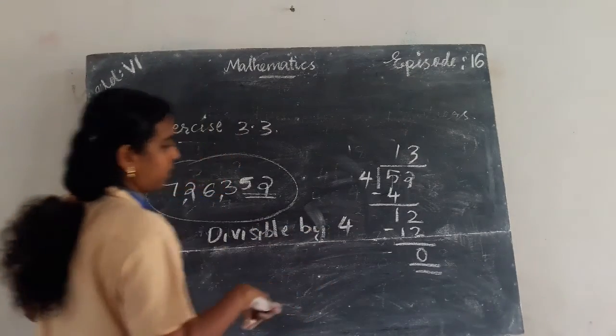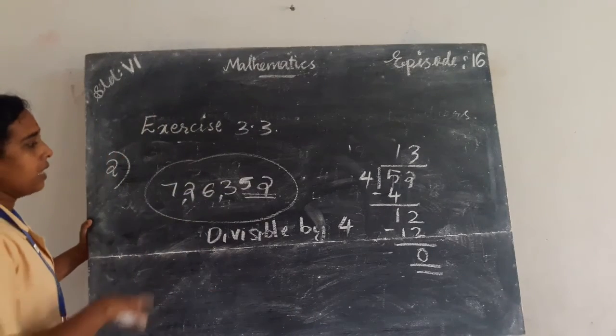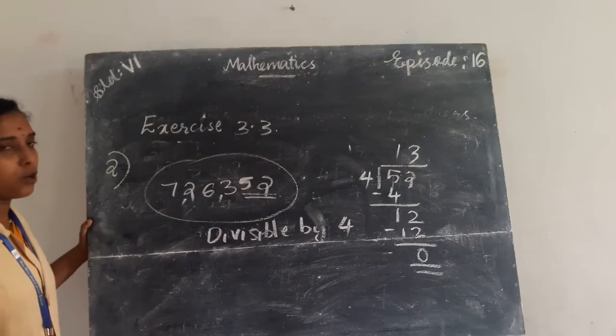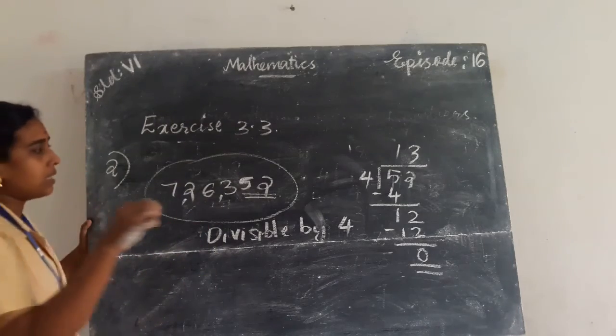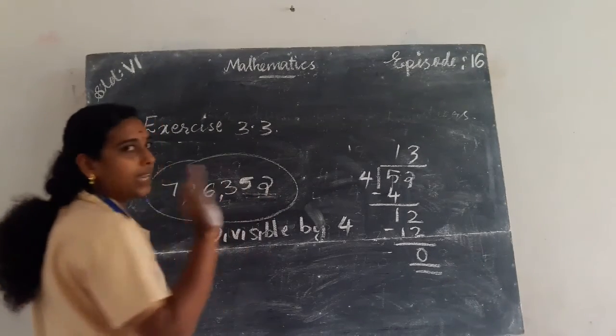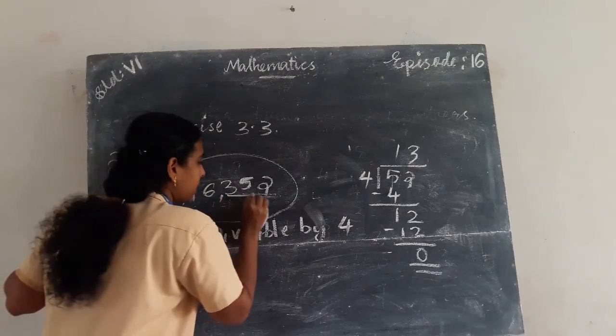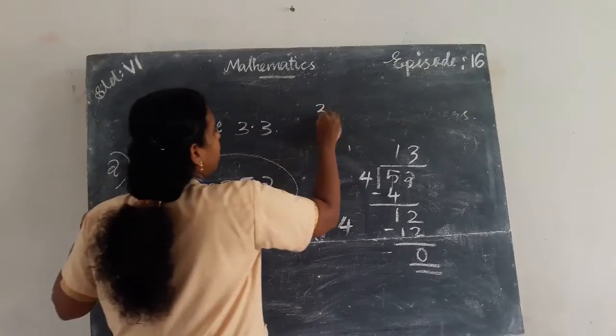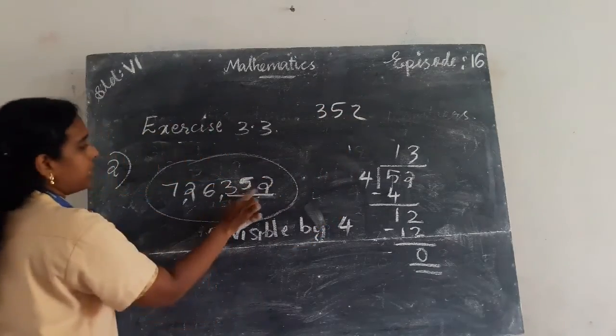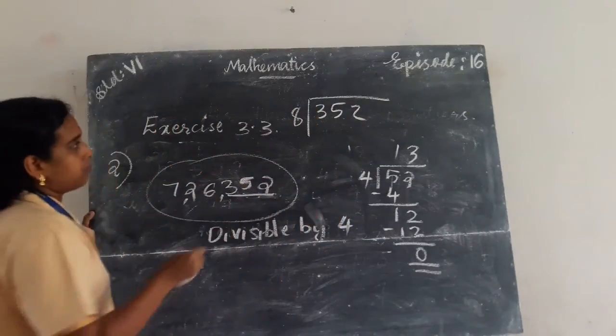So it is divisible by 4. Then you also want to check if the number is divisible by 8 or not. To check the divisibility by 8, we take the last 3 digits from the right. Okay. So the last 3 digits make the number 352 divided by 8.